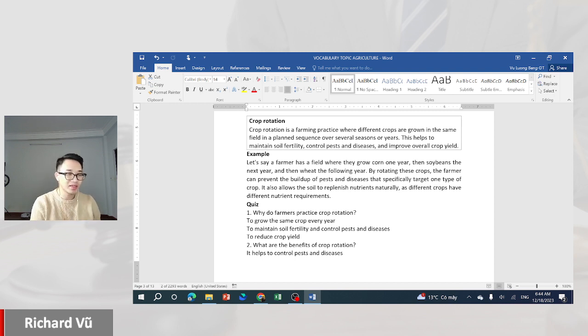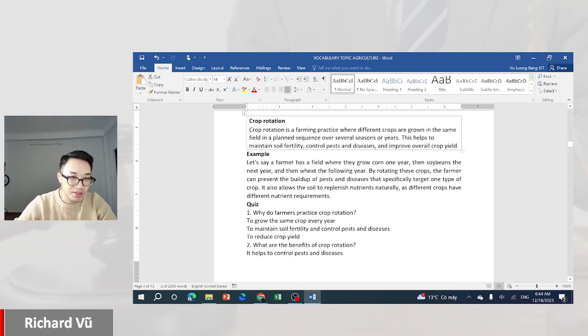By rotating these crops, the farmer can prevent the buildup of pests and diseases that especially target one type of crop. It also allows the soil to replenish nutrients naturally, as different crops have different nutrient requirements.